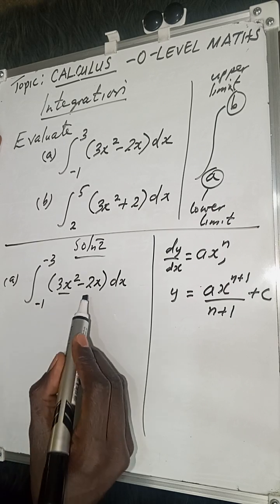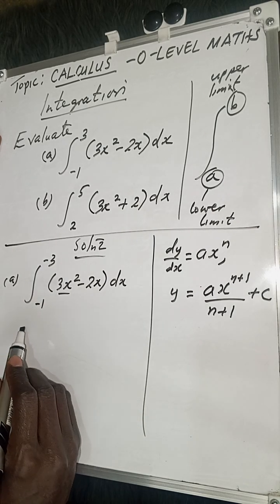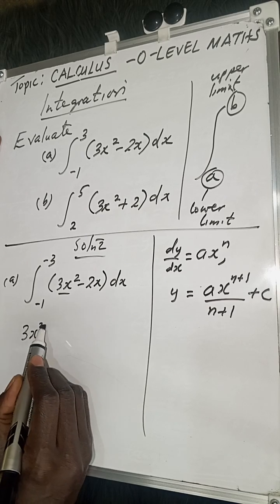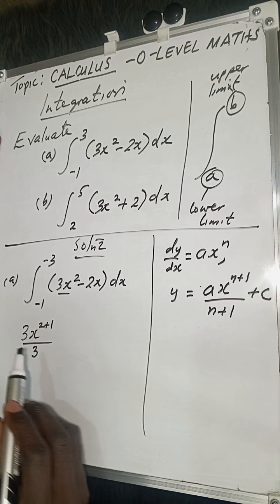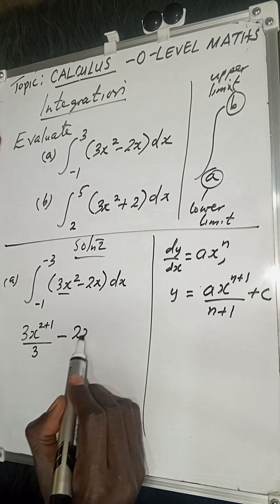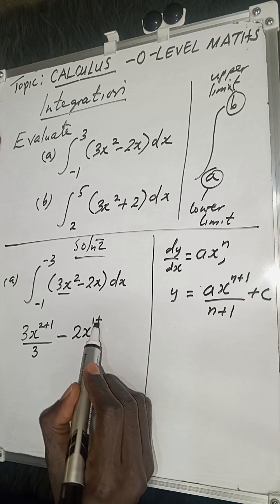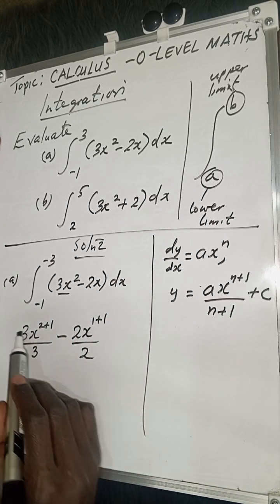So let's integrate each term individually. So that is going to be 3x to the power 1 plus 1, divided by the new power, which is simply a 3. In this case, minus 2x. Remember, there's already a 1, so 1 plus 1. We divide by the new power, 1 plus 1, which is a 2.